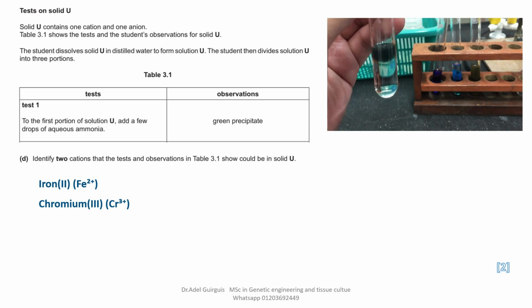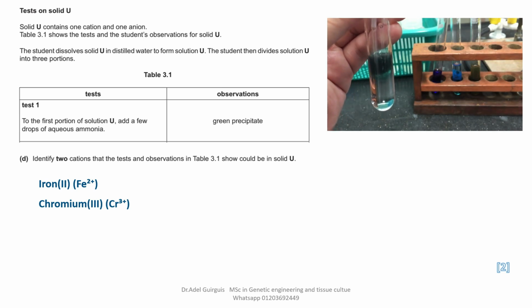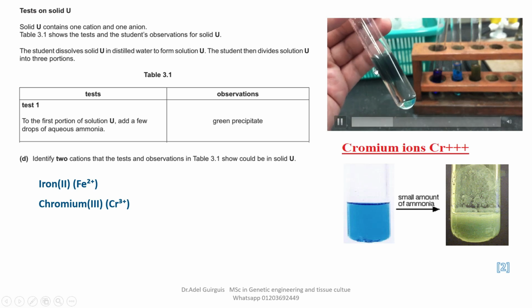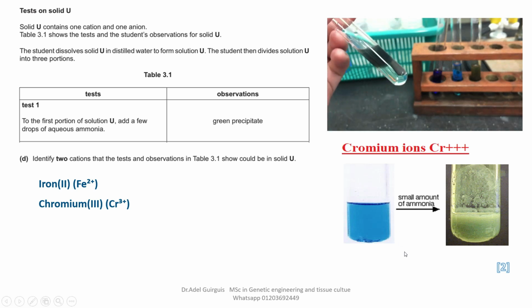What would happen? Yes, a green precipitate is formed at once. What about chromium? When we add ammonia solution to a salt or solution containing chromium, like chromium chloride for example, a dirty green precipitate is formed at once.